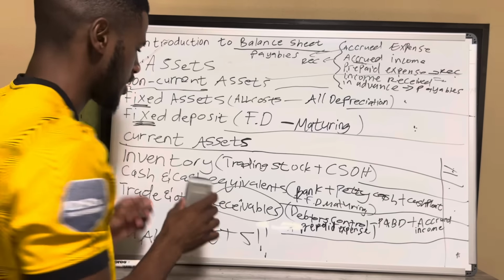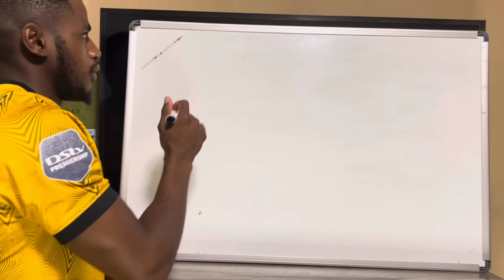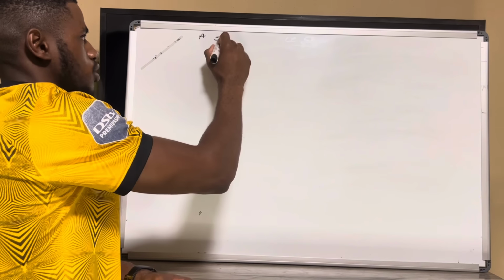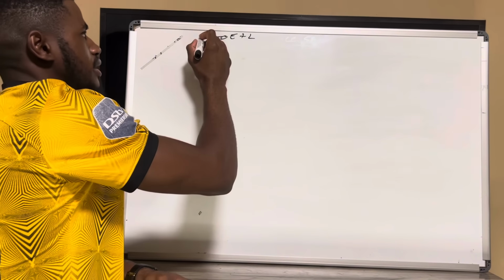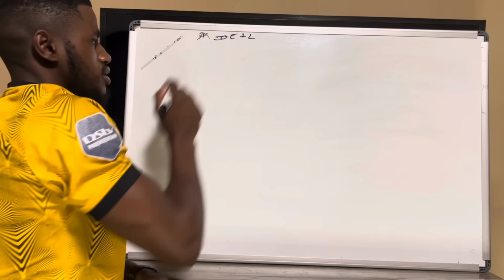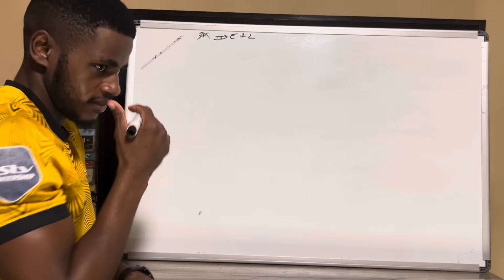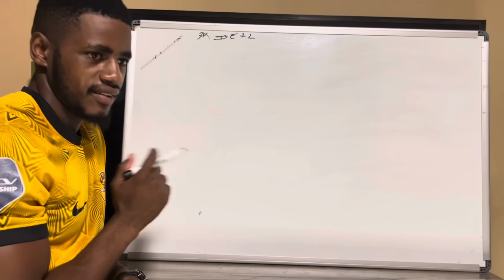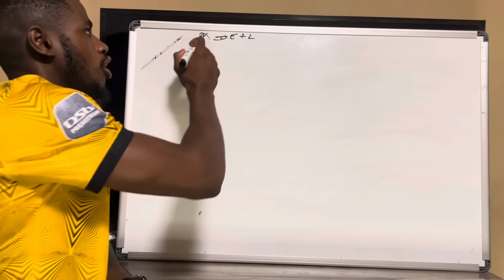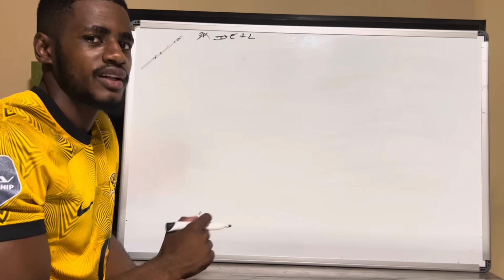Now the second part of your balance sheets, we're done with assets. The second part of our balance sheets, remember, A is equal to OE plus L. We are now done with this. Now we need to do this owner's equity. Now remember, we are doing grade 10, 11, and 12, mainly 11 and 12. Owner's equity. In our grade 11, owner is called a partner.